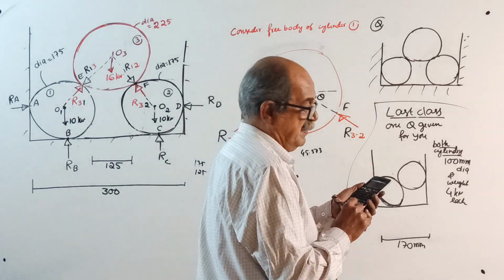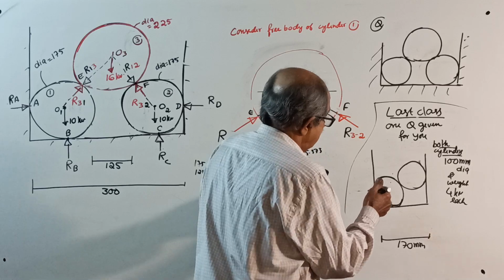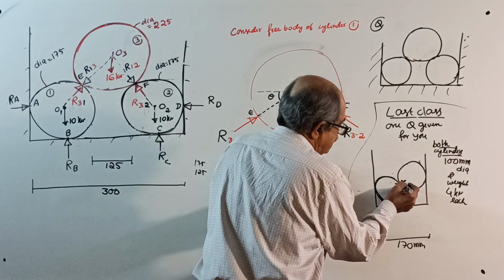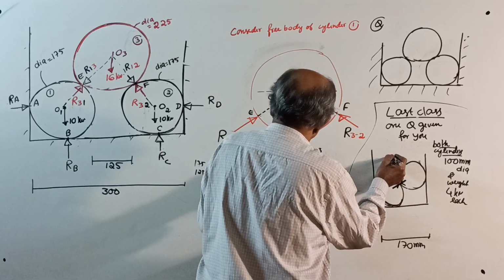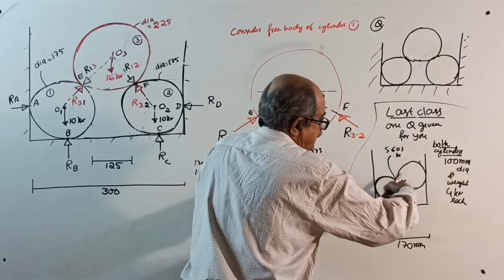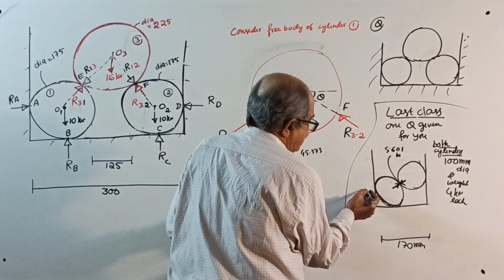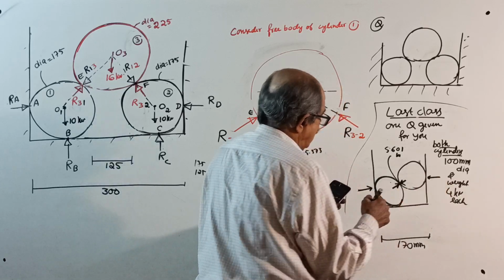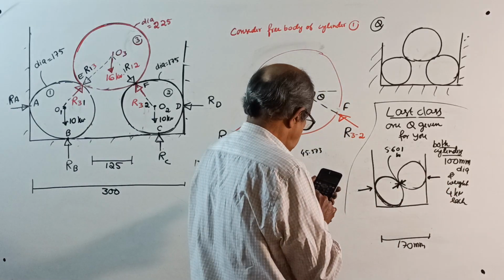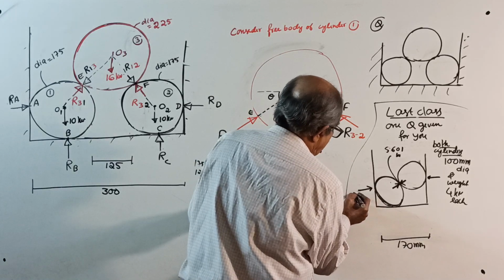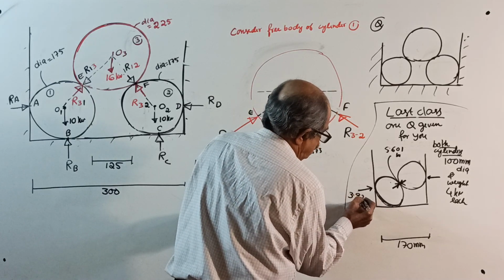Between the two cylinders, the mutual reaction is 5.601 kilonewton. Then this reaction and this reaction are both equal to that into cos 45.573, which is 3.921 kilonewton.